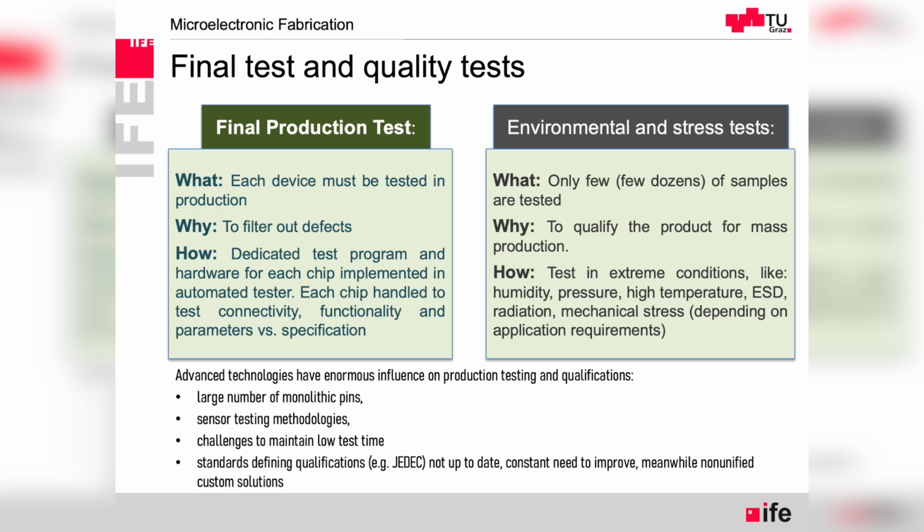So we test, for example, at extreme conditions like increased humidity, high pressure, extreme temperatures, but also normally having to comply with ESD, electrostatic discharge, radiation and mechanical stress. This really depends on what the application requires. And for that, only a certain number of samples is selected. Usually it's defined by standards.